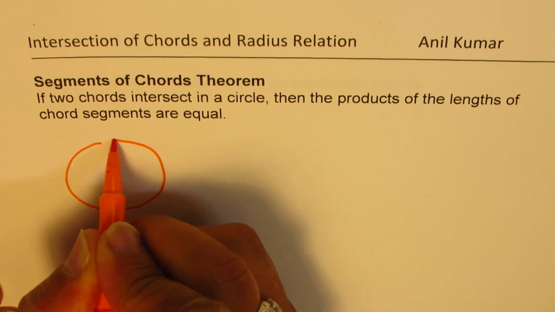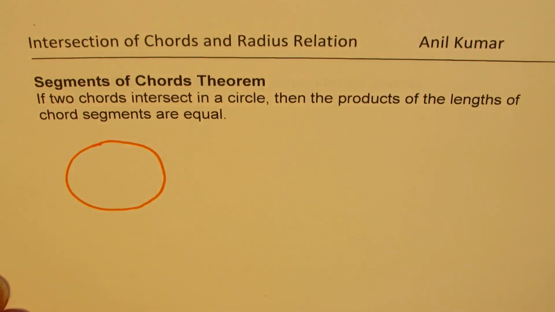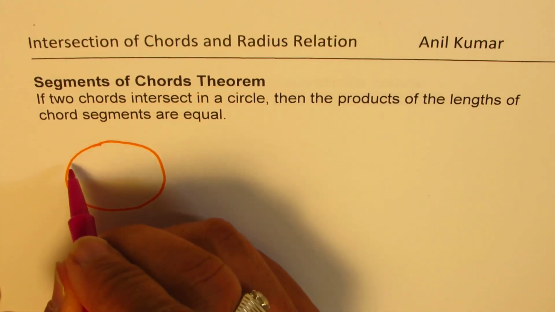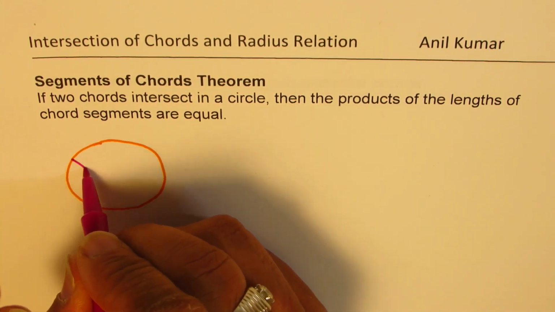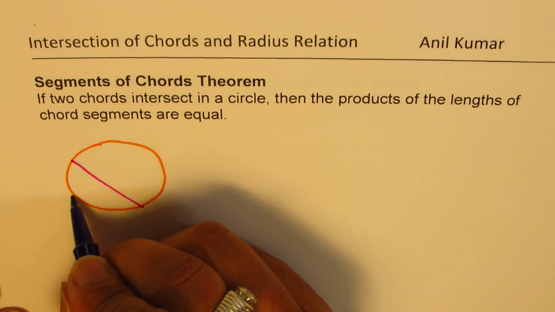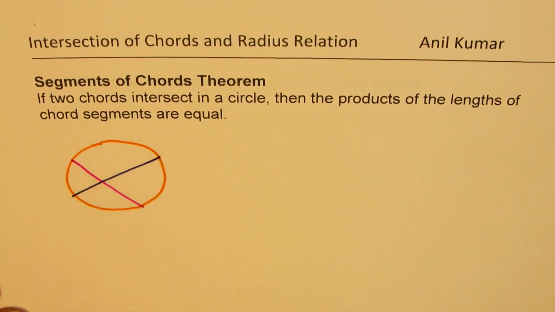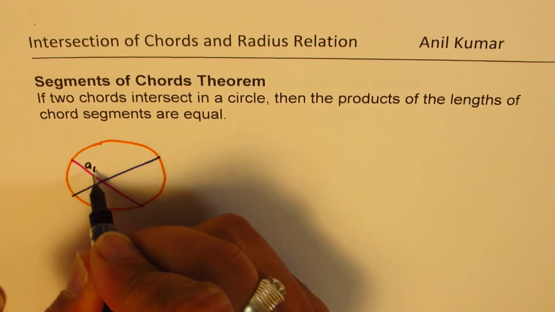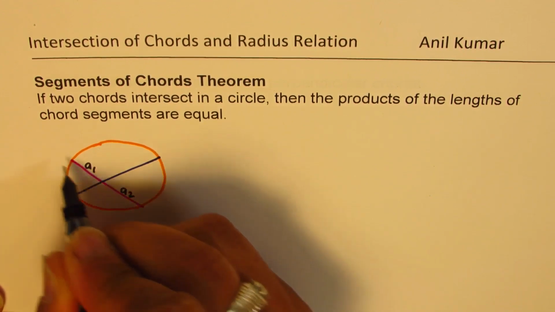Again, I'll just draw a rough circle. And the segments of the chord theorem is a general theorem. It is applicable to any chords, right? So if I have two chords here, these are the two chords, and let's say this chord's segments are A1, A2. So this is one chord.